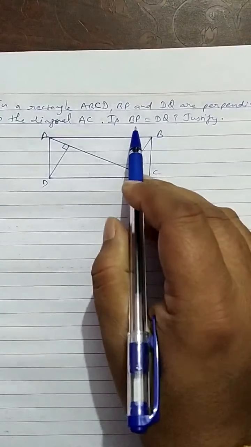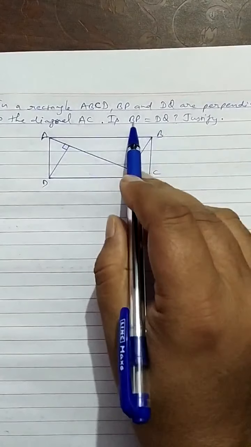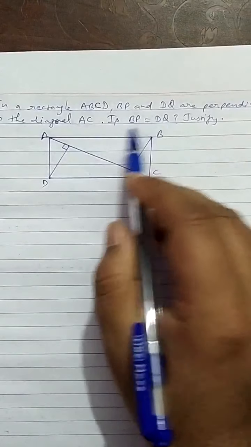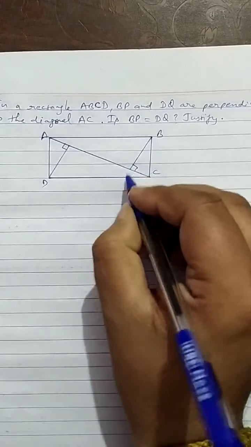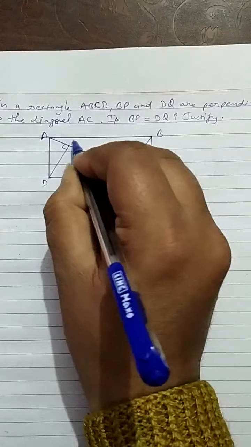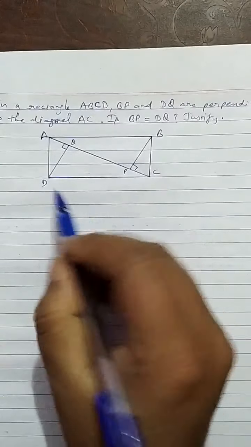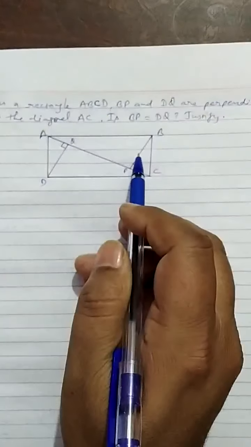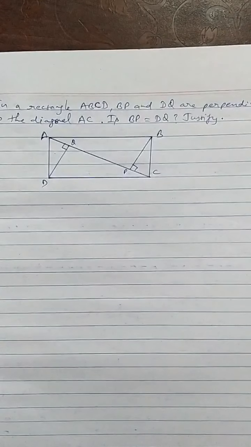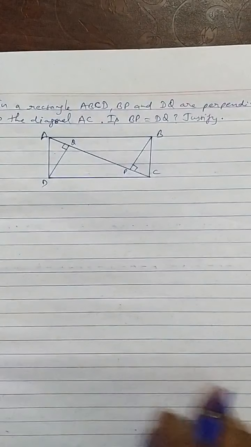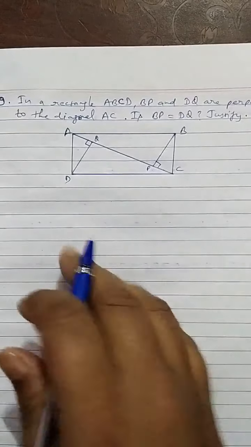So to check that BP is equal to DQ, first we have to prove that these two triangles are congruent. To prove these two triangles congruent, we must have three things equal.